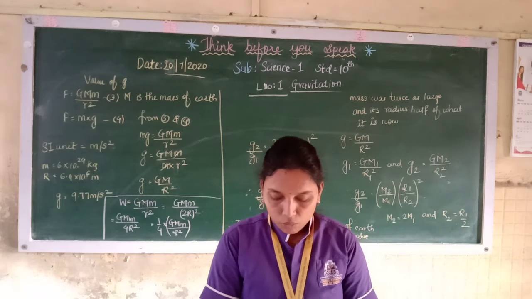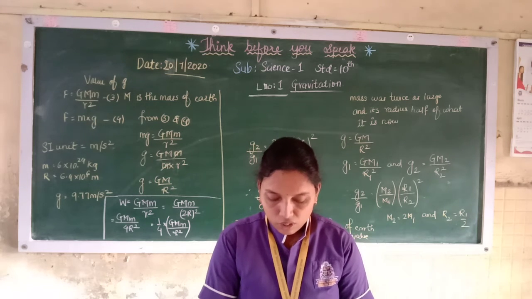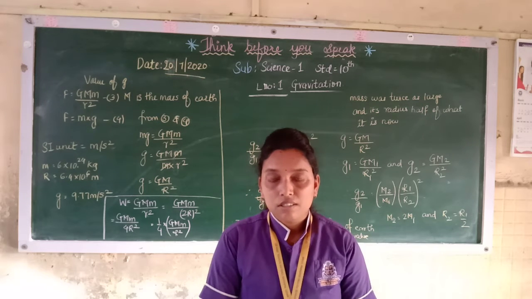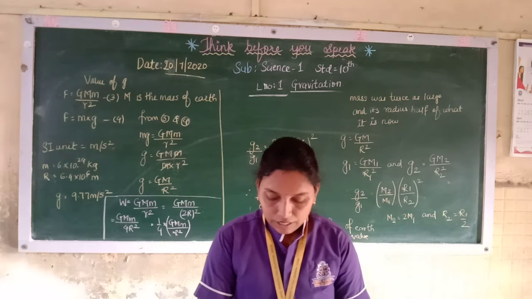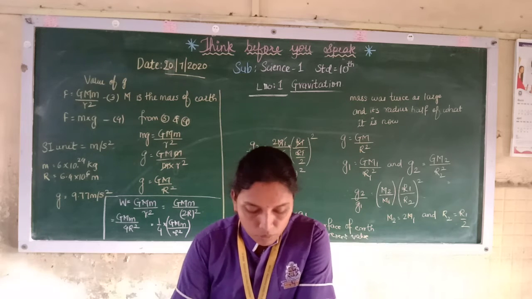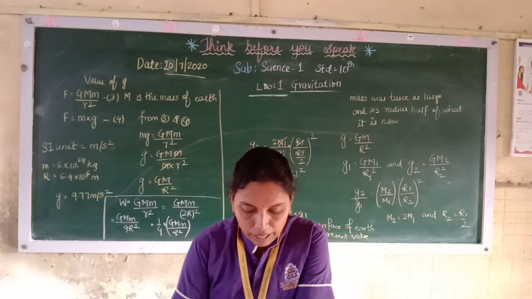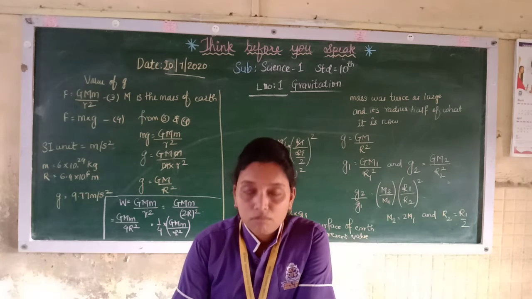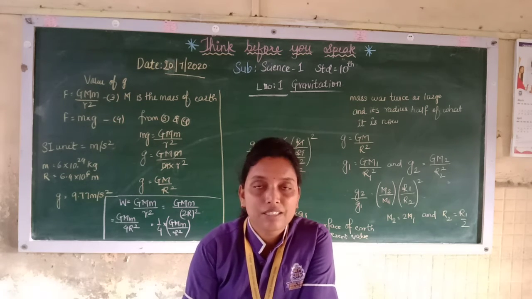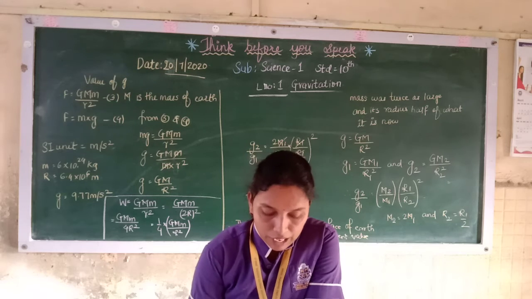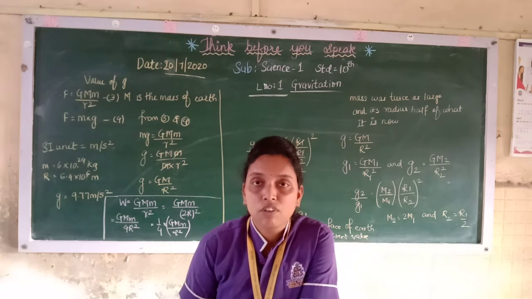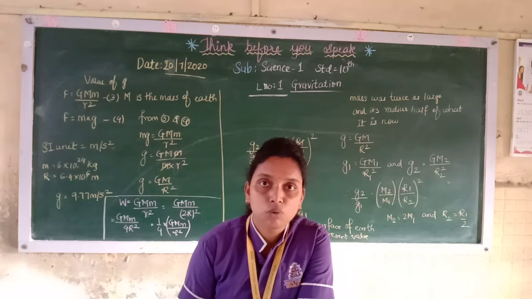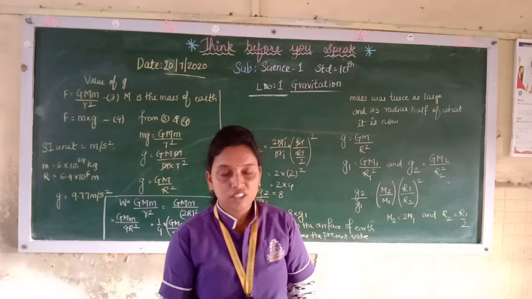Because the part of the earth which contributes towards the gravitational force felt by the object also decreases, which means the value of m in the equation also decreases. As a combined effect of r and m, the value of g decreases as we go down towards the center, inside the earth.